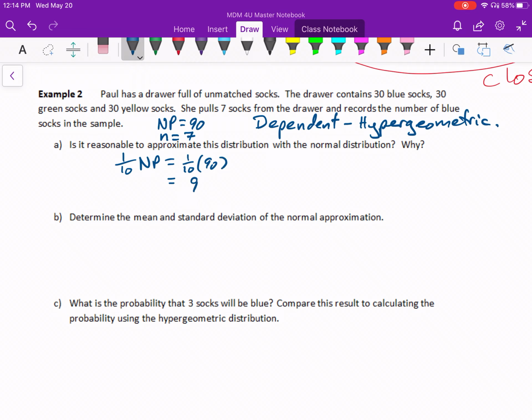And so 1/10 of N is greater than n in this case. 9 is greater than 7. So that is good. And that's really all we're looking for in this case. So yes, again, it is reasonable. n is less than 1/10 N.